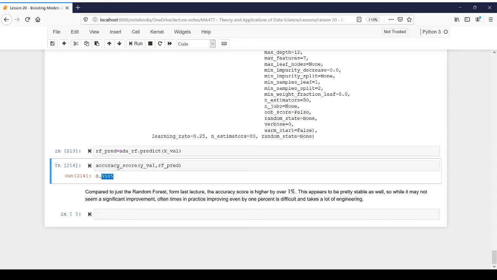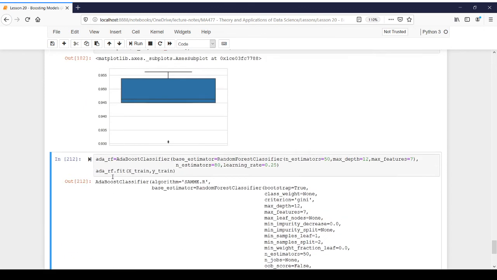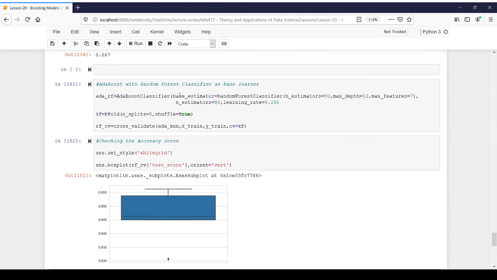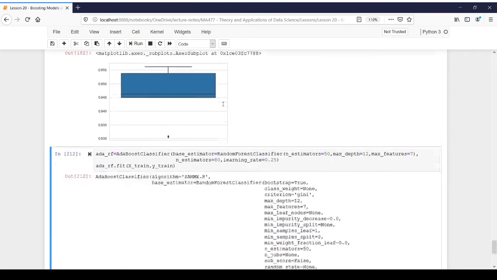And actually, at least at face value, it seems like we're getting almost 1.5% better than what we got last time, or at least 1% higher accuracy. And when I fit this guy here, I ran it a couple of times using slightly different parameters, and since we're shuffling things differently, it's pretty stable.